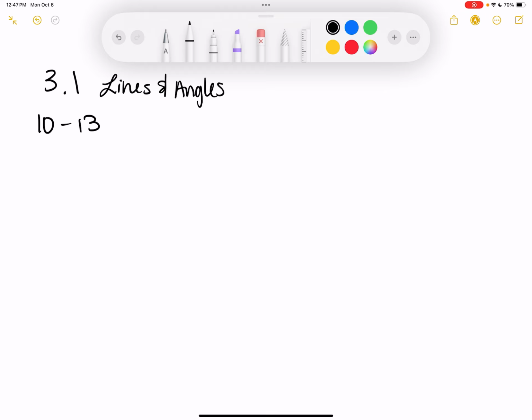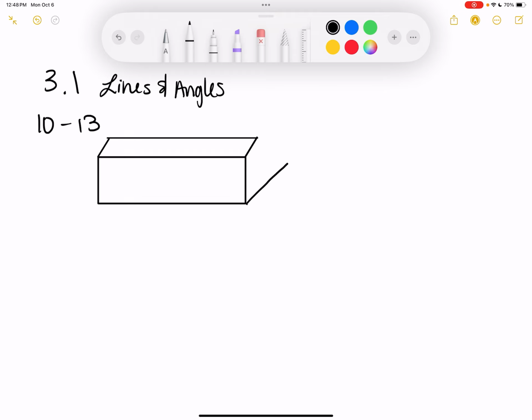So we have essentially a rectangle here. Like I said, their picture is going to be much better than mine, so just bear with me on that.